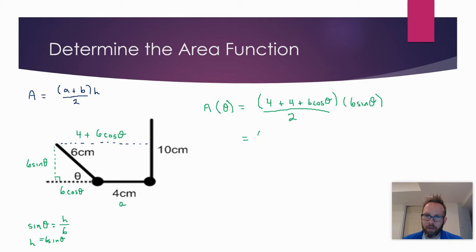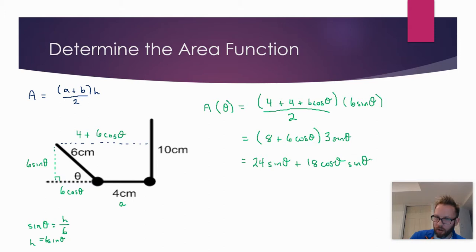So in the brackets there, that's 8 plus 6 cosine theta. If I divide that 6 by 2, that's 3 sine theta. And if I expand that out, I get 24 times sine theta plus 18 times cosine theta sine theta.